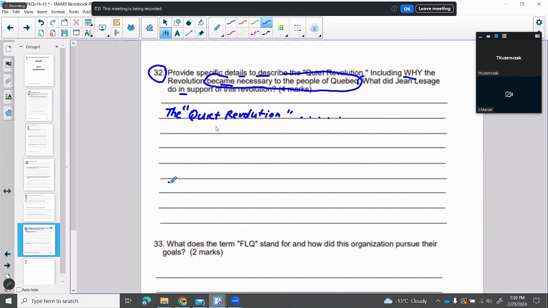And then for the last part of the question, you want to add, so Jean Lesage, what did he do? Write down the things that he did in support of this revolution. I'll give you one of the hints.